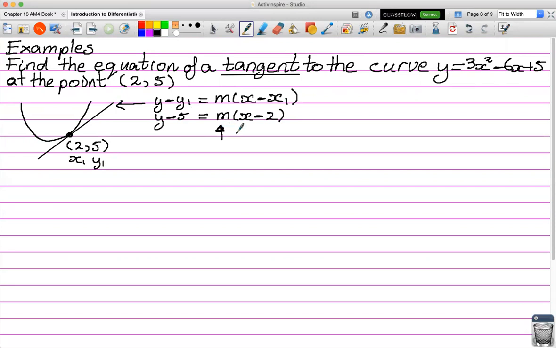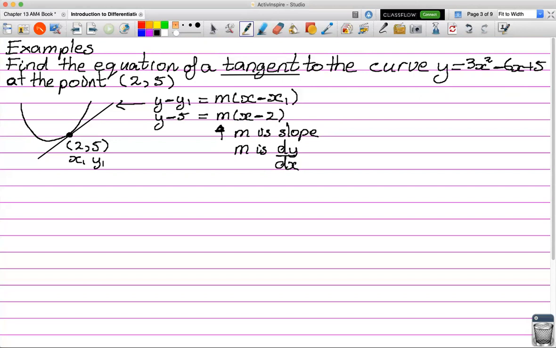M, of course, is slope. And we've learnt over the last couple of lessons that slope is also dy dx. So m is also dy dx. And where are we going to calculate the slope of this line from?